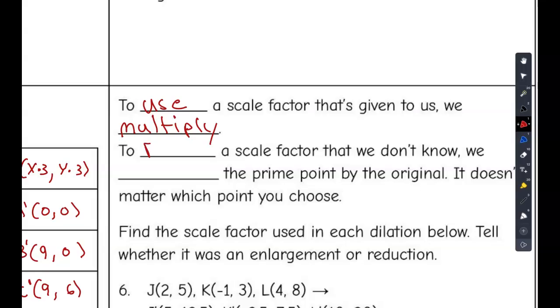To find a scale factor we don't know, we divide the prime point, which is from the image, the second shape, by the original. It doesn't matter which point you choose.